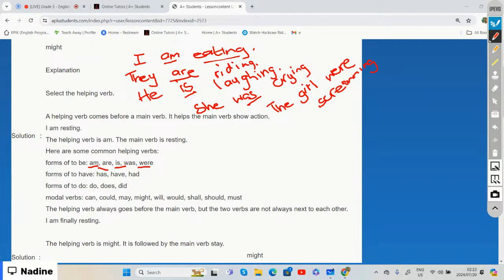So these are but a few examples of helping verbs and how we can use these helping verbs, right?